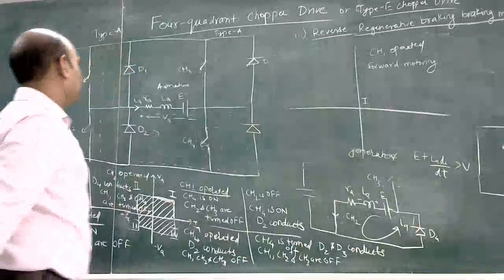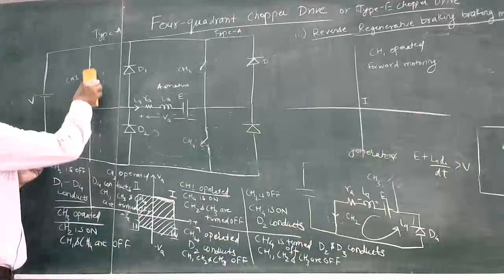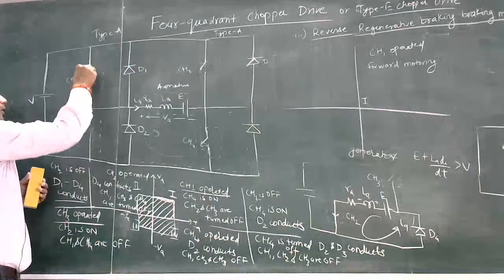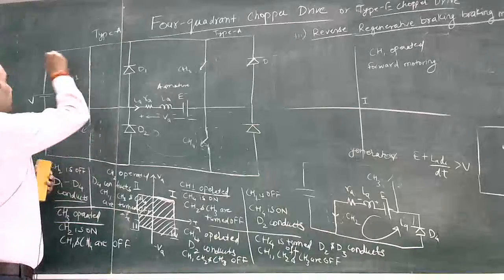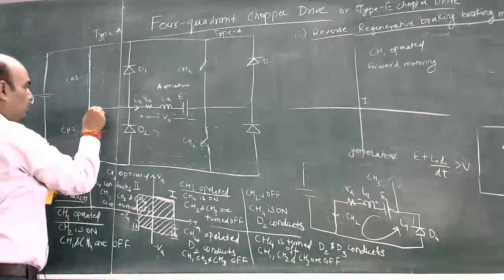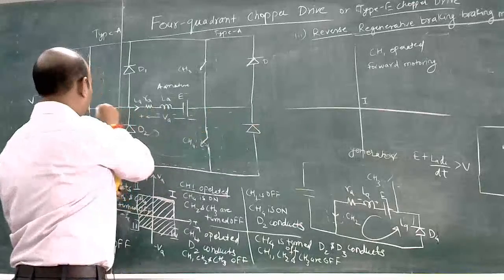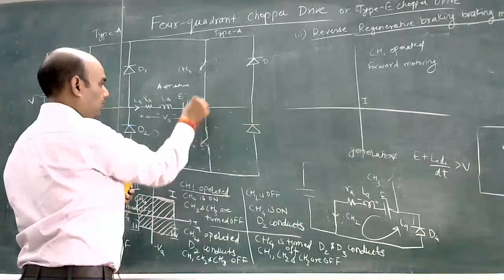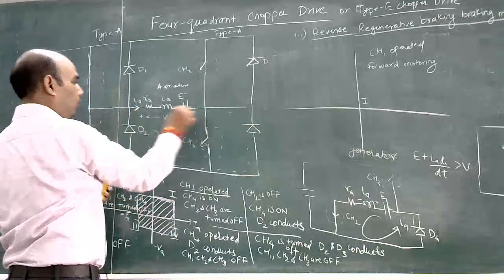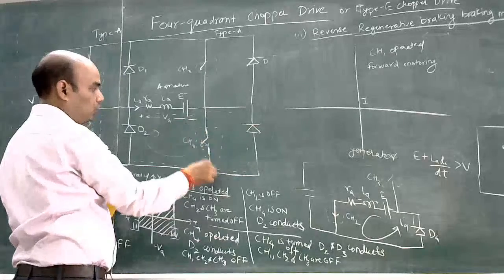When CH1 is turned on, the armature current will rise through CH1 and then the armature, and the only possible path where this current can flow is through CH4.